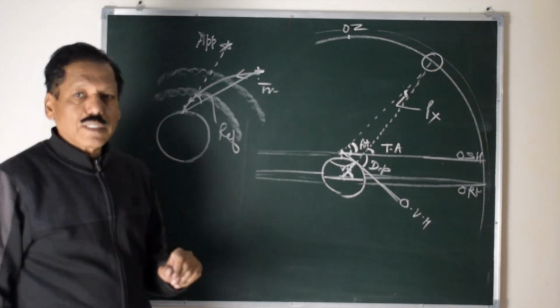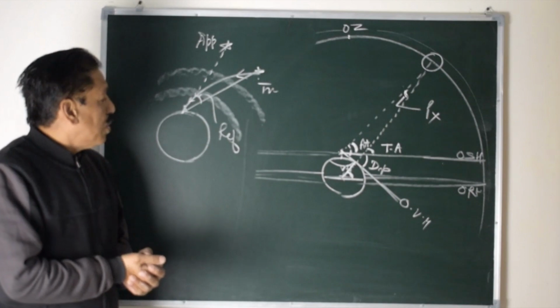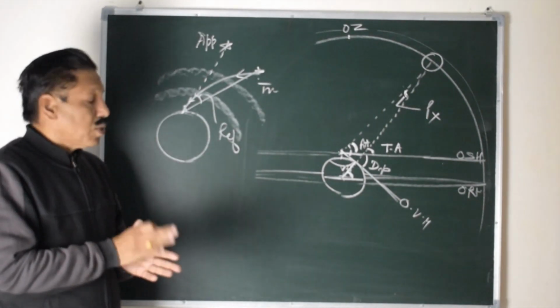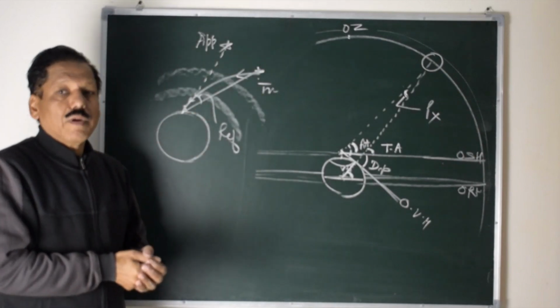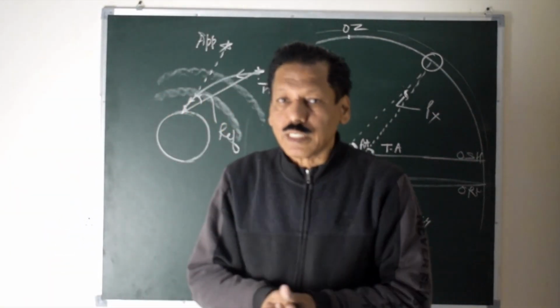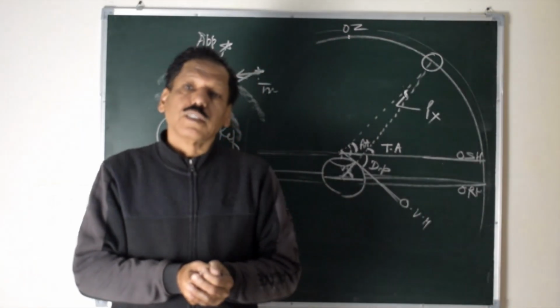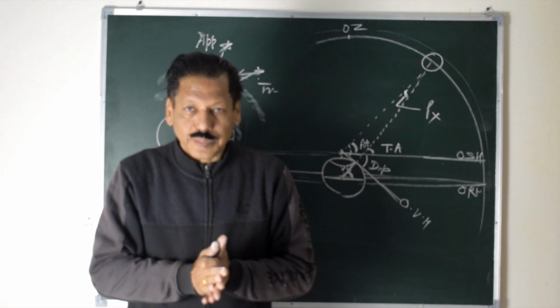As you can see, refraction has a tendency to elevate the body, right? So refraction correction is always negative, because refraction would always elevate the body. Refraction is maximum when the body is rising, 34.5 minutes negative, and refraction is minimum when the body is crossing your meridian.